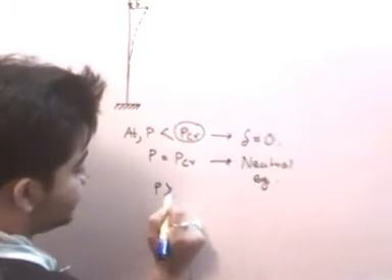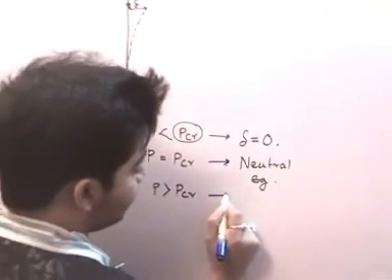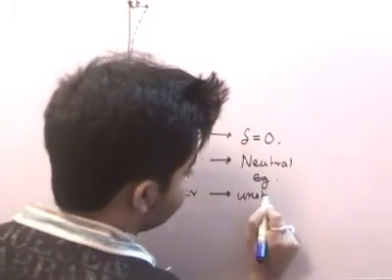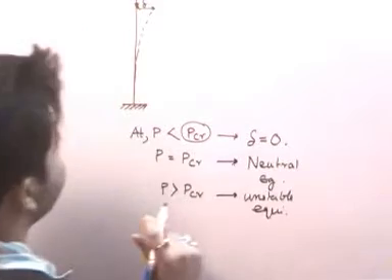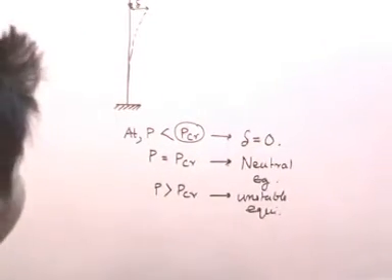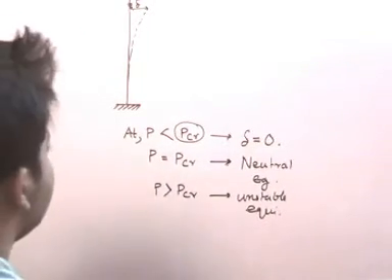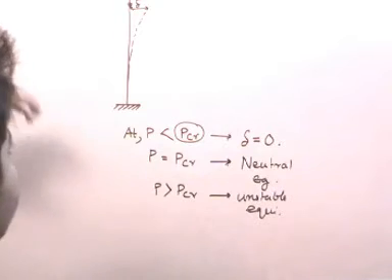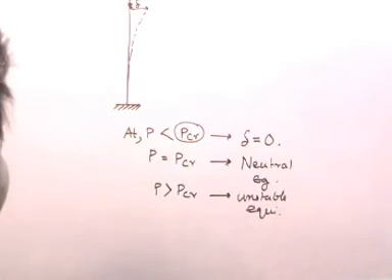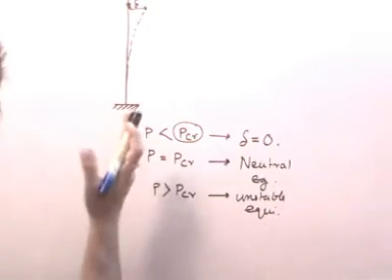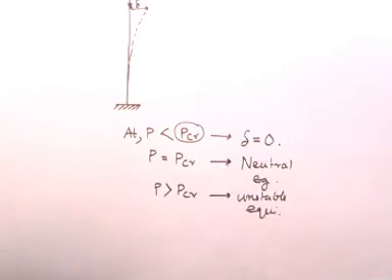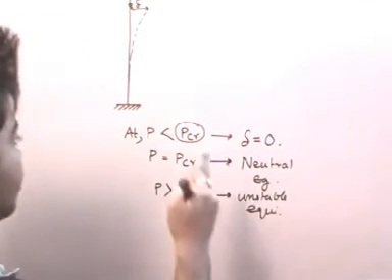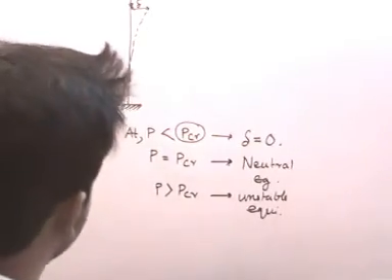Now when P is greater than PCR, it's a case of unstable equilibrium, in that if I give it a lateral deflection delta and place the load, then the column will be unstable and will bend indefinitely. The whole focus of this lecture is to find the value of PCR, the Euler critical load, and let us see how we can do that.